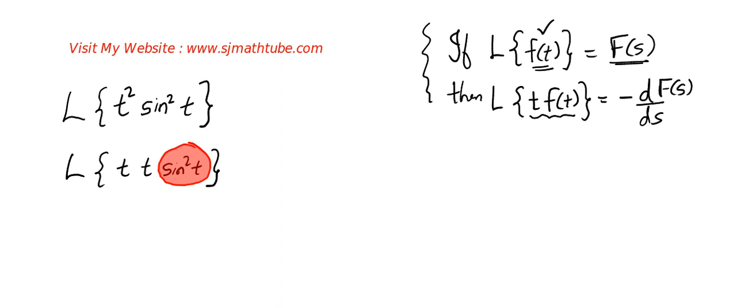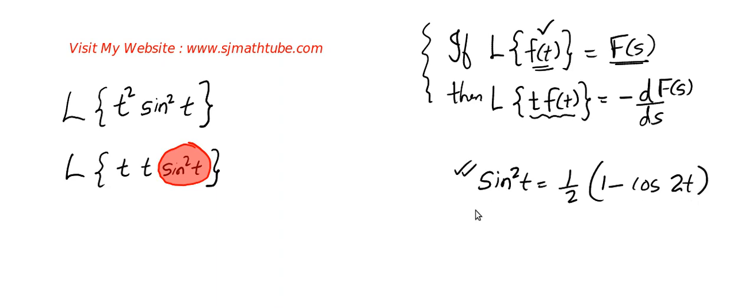I'm sure in trigonometry you might have learned that sine square t is 1 by 2 into 1 minus cos 2t. If you have not learned, please make sure you note it down somewhere.